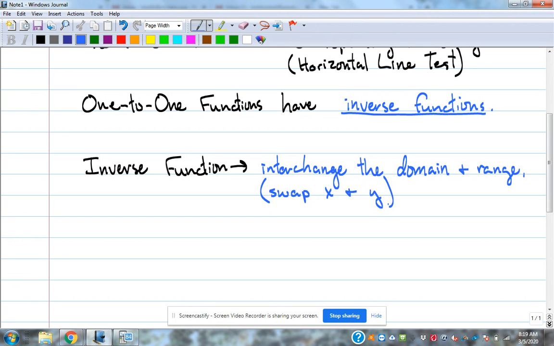Domain is x, range is y. So when you do the inverse function, then you're swapping x and y. That's what you're doing. So really, really easy idea there. Gets a little bit more complicated when we get to a little less concrete examples. But one-to-one functions got to pass vertical line test, horizontal line test. If it is one-to-one, the inverse will be a function. And then inverse functions, if we go to find an inverse function, we're swapping the domain and the range. X becomes y, y becomes x. So we're interchanging the domain and the range out of that.